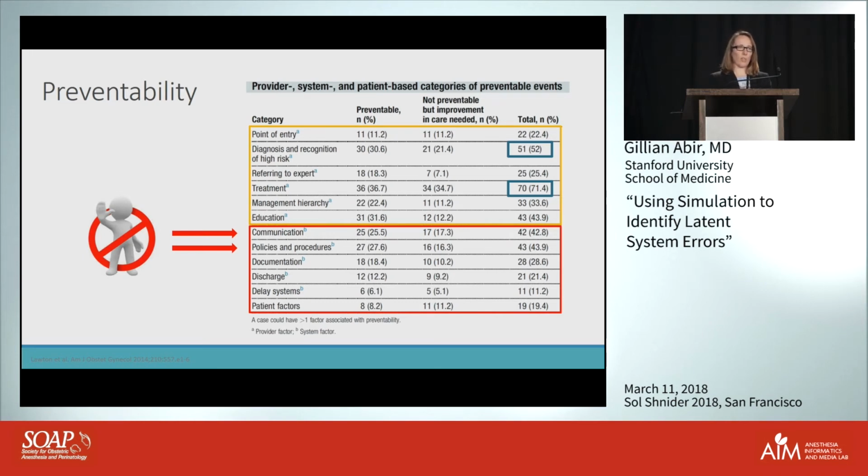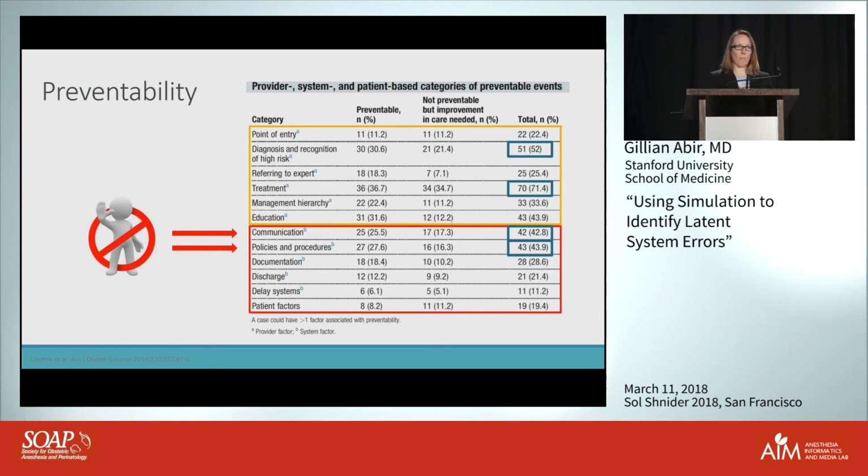So it's really important that we are very diligent and try and identify early patients who are at risk of significant morbidity and mortality, and also not to delay treatment and to give the right treatment. Now, both of these things can be influenced by good communication and following good and accurate and up-to-date, evidence-based policies and procedures.